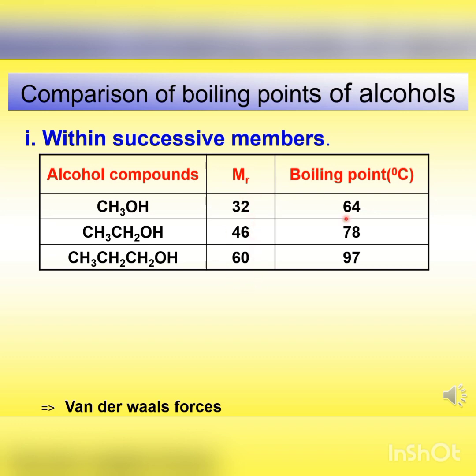From the table, the boiling point of methanol is 64 degrees Celsius, followed by ethanol at 78 degrees Celsius, and the highest is butanol with 97 degrees Celsius.